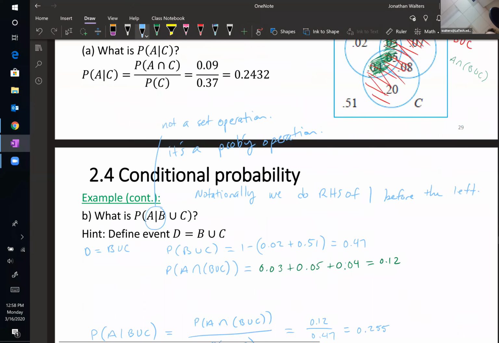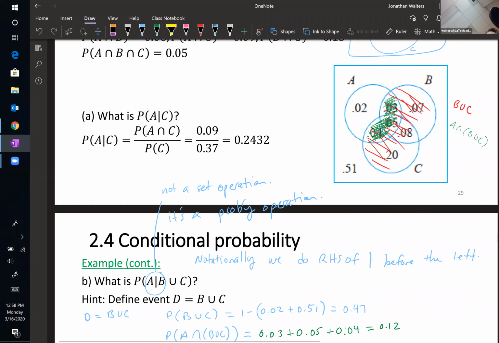Let me erase some of the stuff here. We are trying to look at A union B, which I'll color in green, and now intersect that with C. The intersection with C just produces this right here.